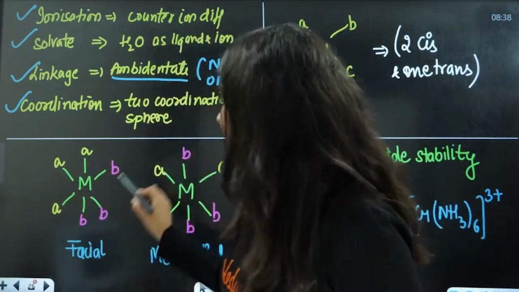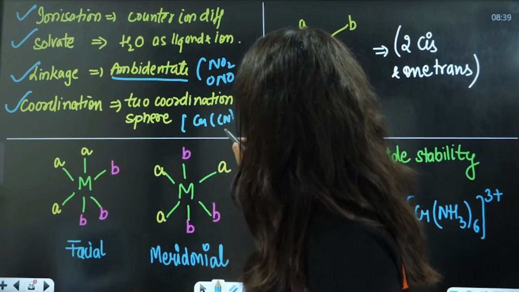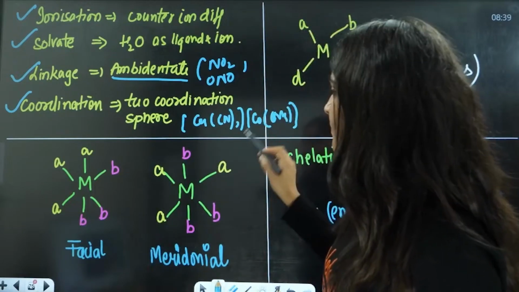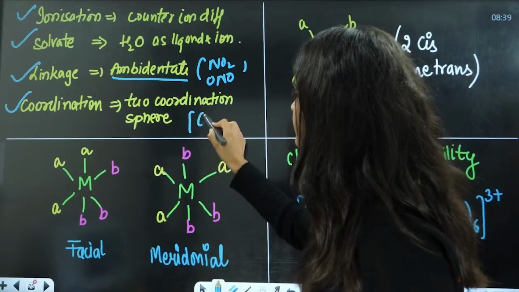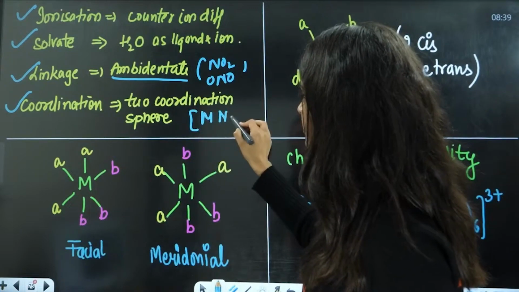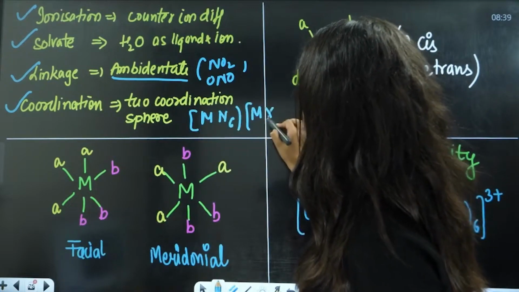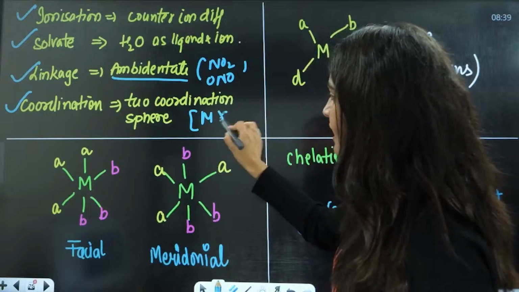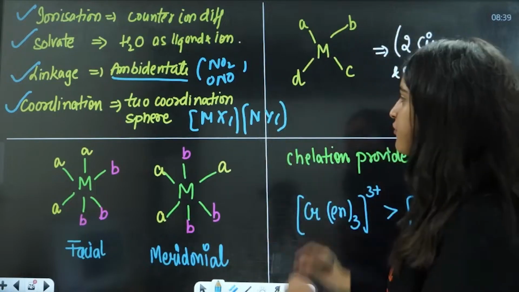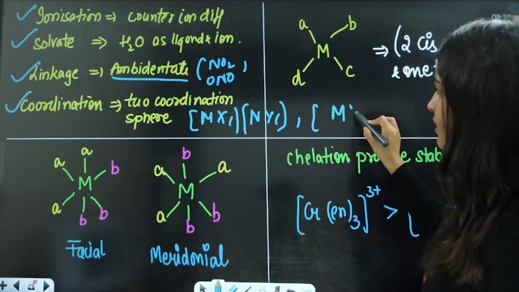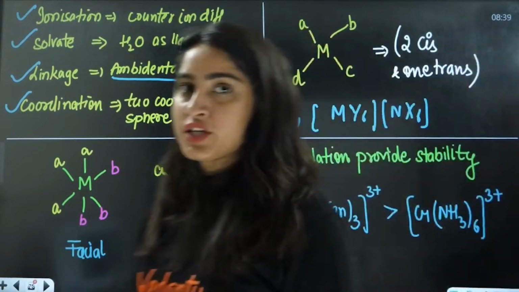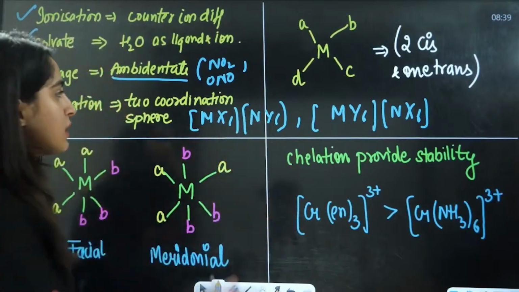For example, in the first case you have Cr with CN, CO and NH3, and in the other case Cr with NH3. In general, one compound is MX6 with NY6, and the other is MY6 with NX6. This is the difference of coordination, where you have an exchange of ligands.